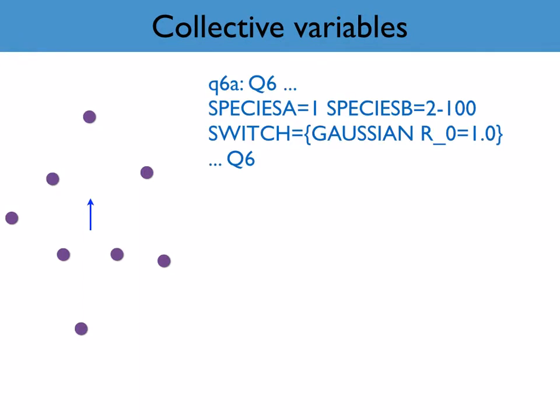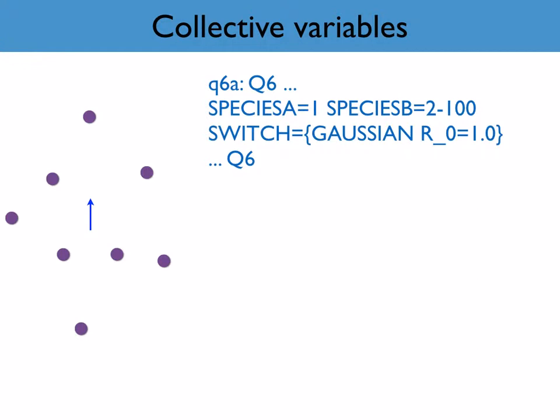Much like the coordination number, this quantity, the Q6 vector, is a symmetry function. It is a function of the set of vectors connecting the central atom to all the remaining atoms. However, unlike the coordination number, this quantity is a vector. It is a number with both magnitude and direction, as illustrated in the figure.